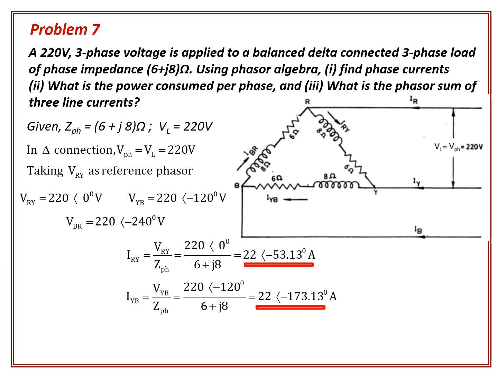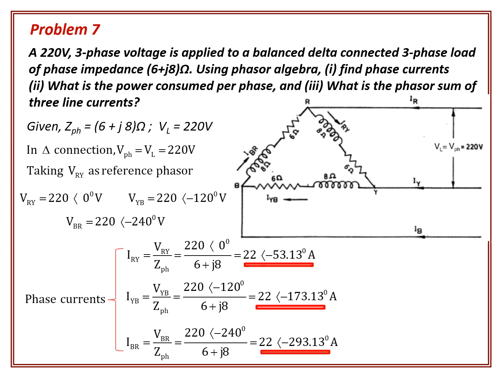Substituting VYB and Z phase, we get IYB as 22 angle minus 173.13 amperes. The third phase current IBR equal to VBR by Z phase. Substituting VBR and Z phase, we get the phase current IBR as 22 angle minus 293.13 amperes.